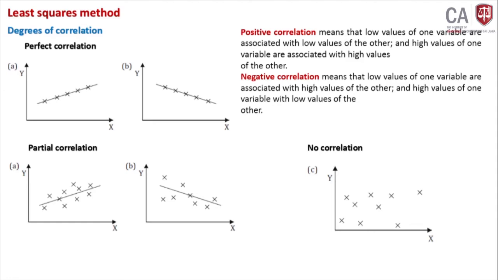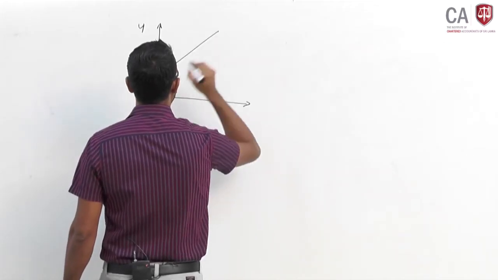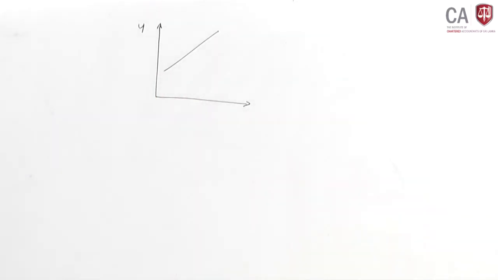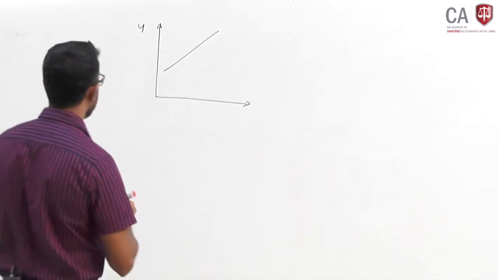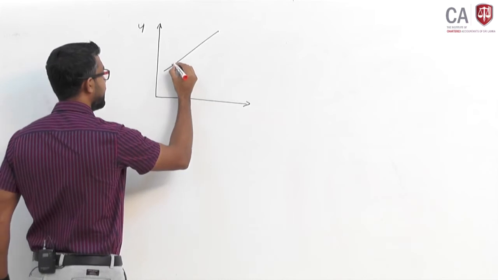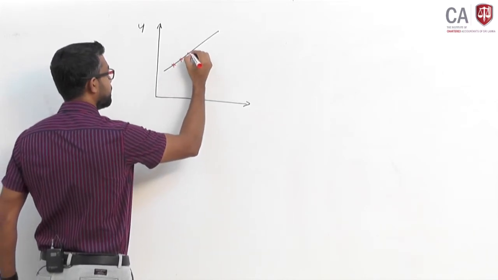y and x, y and x. This is the regression line. There you can see all the variables are on this line.